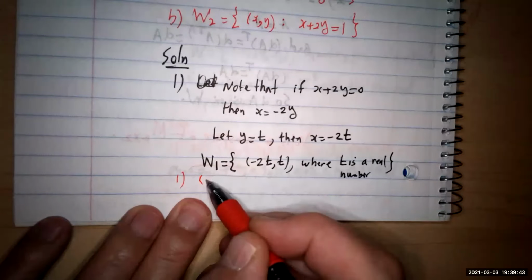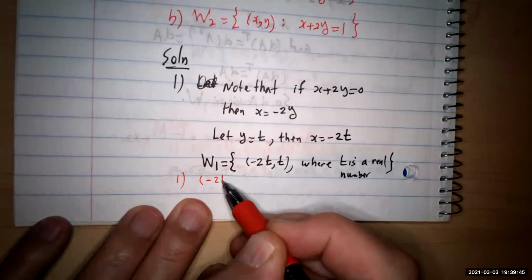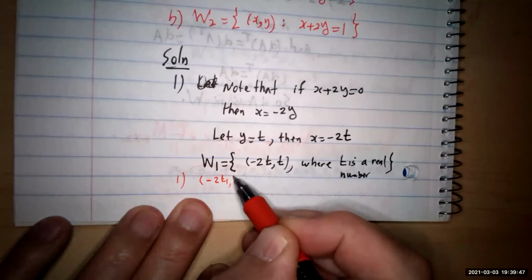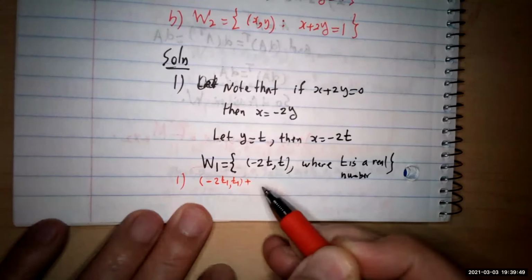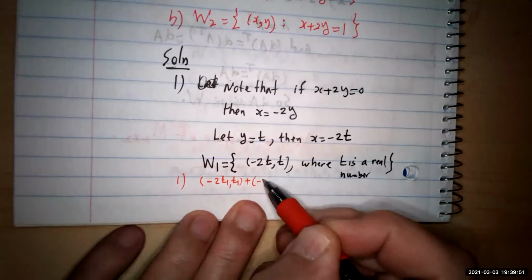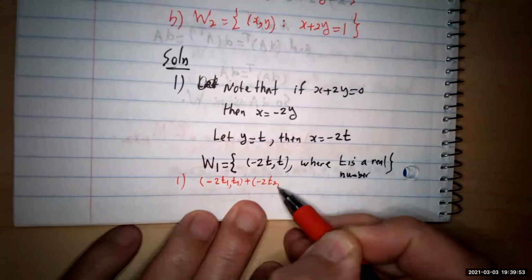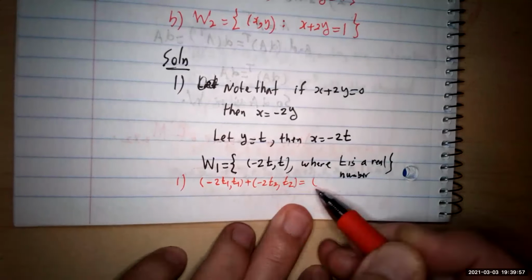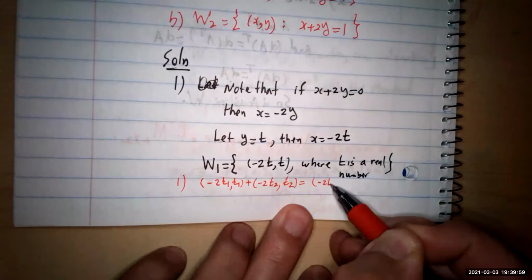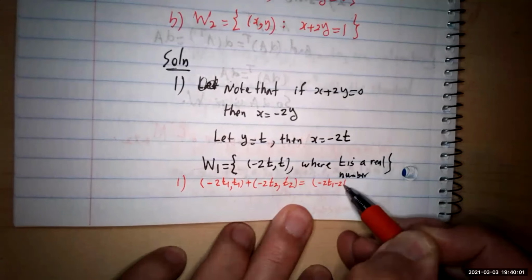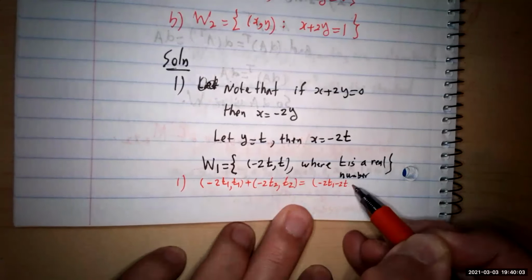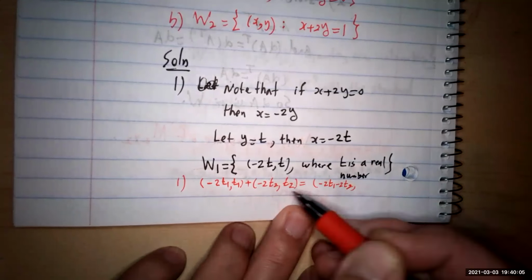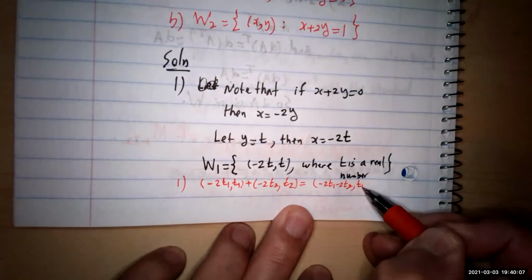One member, you call it (negative 2t1, t1), plus another member, (negative 2t2, t2). If you add them together, the first part would be negative 2t1 minus 2t2, and on the other side we get t1 plus t2.